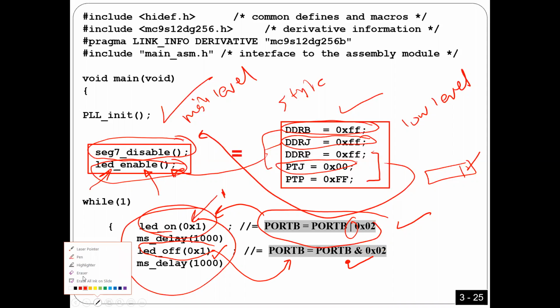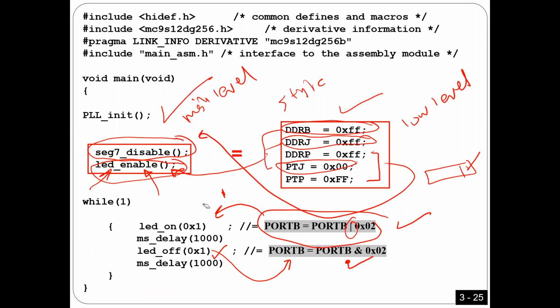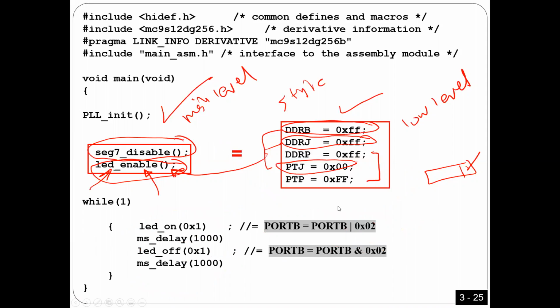But what I want to tell you is that you have to be careful here. This function is made for port B. So this one works only for port B. However, this style or this way can work for any port. You understand what I'm saying?